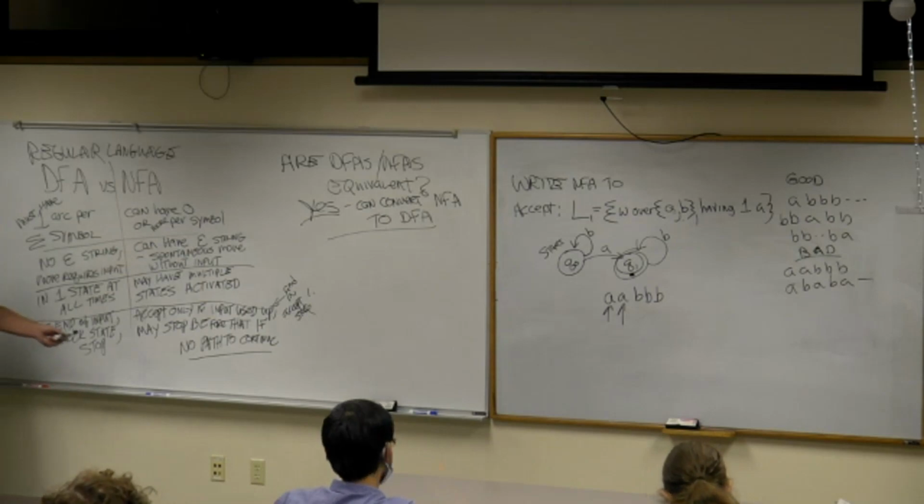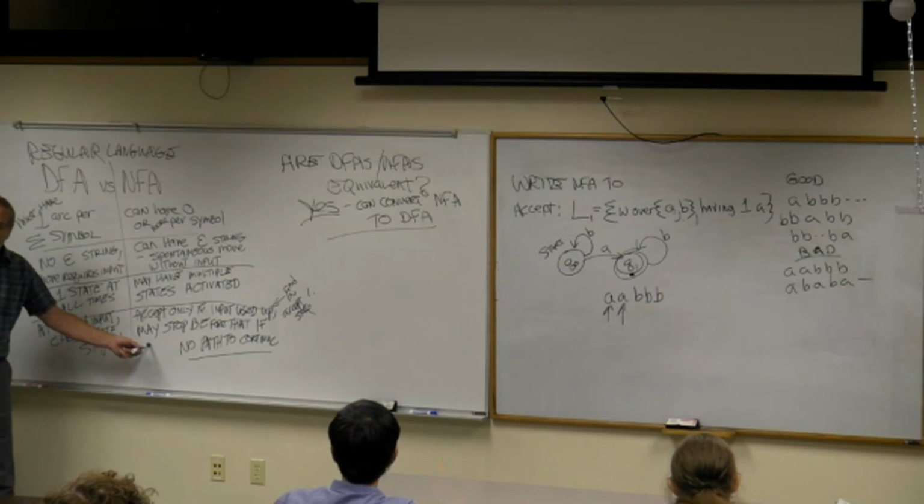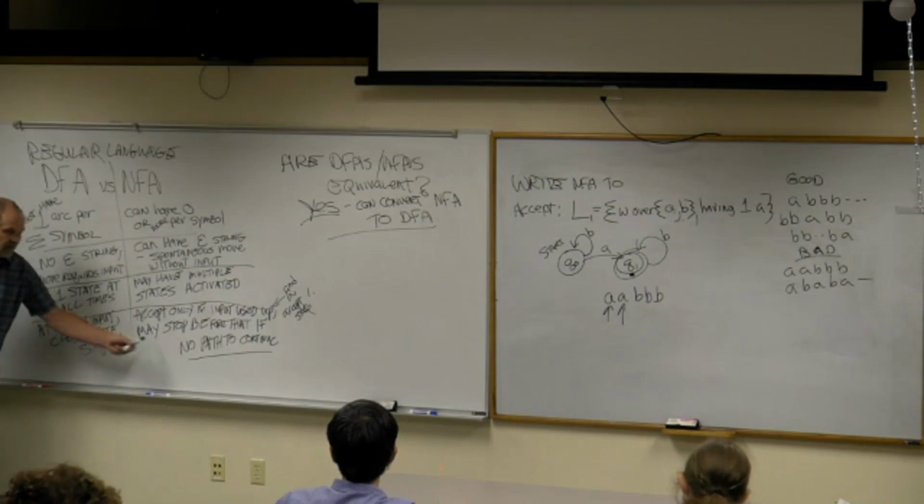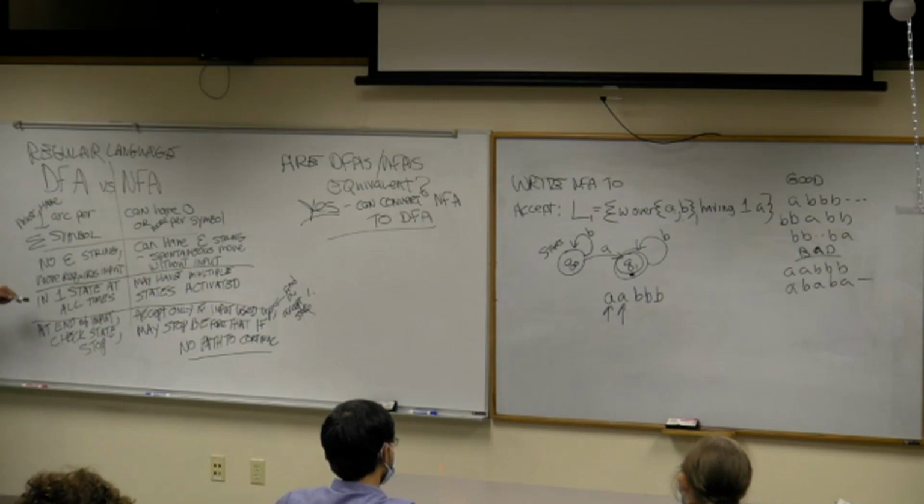You're guaranteed that there's always a path for every input character, so that falls into this too. So a DFA is a special case of an NFA. As far as power, they are equivalent, and to prove that is the conversion process.